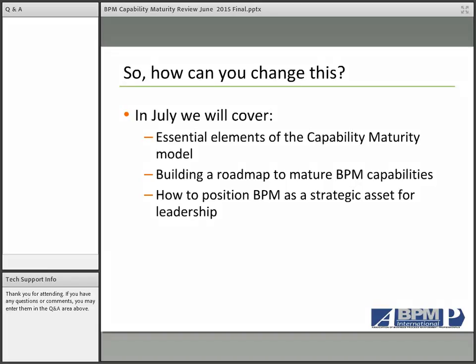And what are the types of things that you need to look at as you're starting to look at both the baseline model and then the model of where you're going to be in the future? I will talk about how you translate that and move that into models that will allow you to create your roadmap and start to move forward.